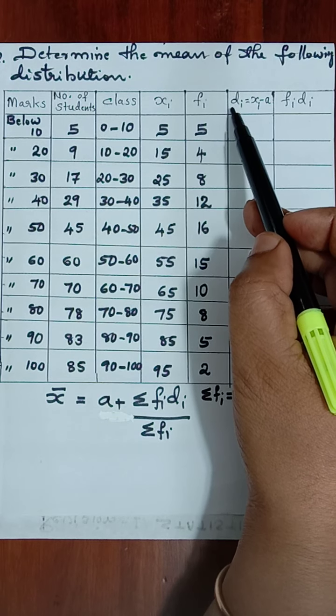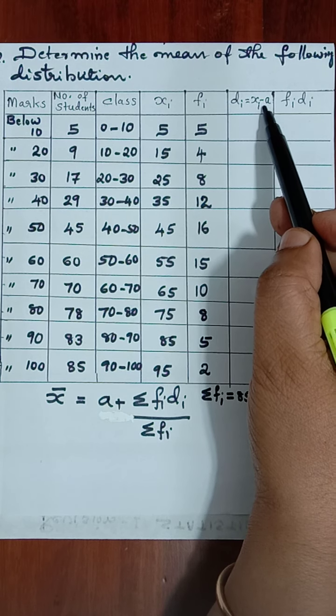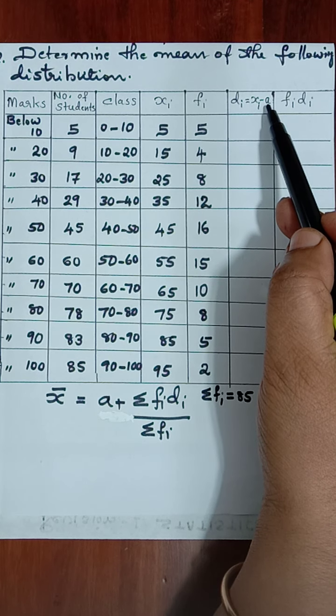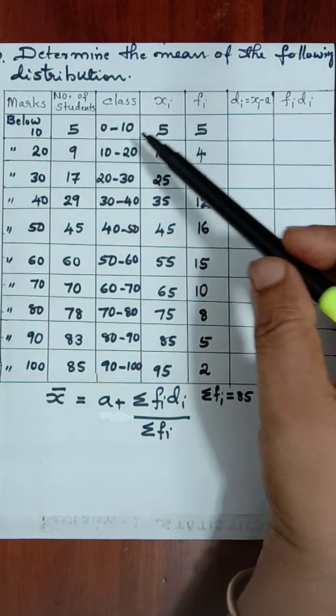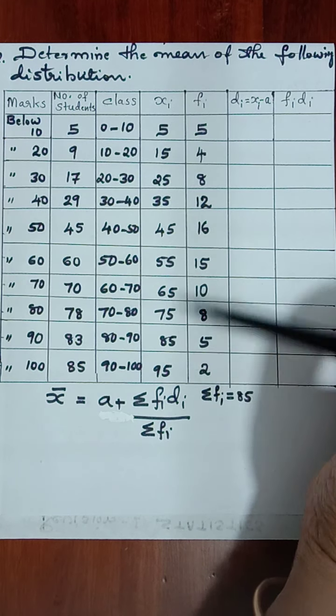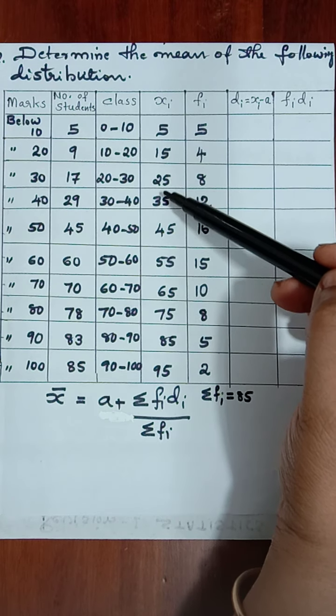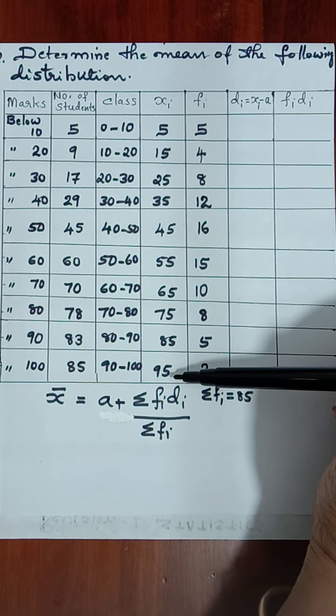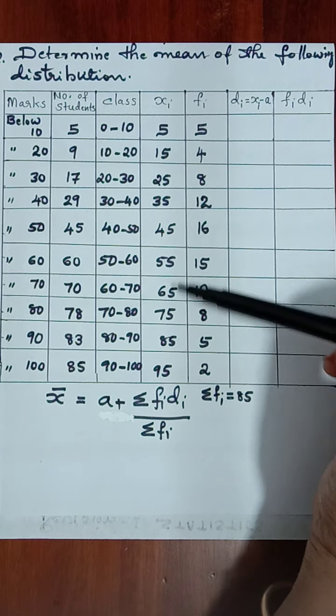Now di means xi minus a. Here a is called the assumed mean. So we are assuming a mean, and it comes from the xi column, the middle value. Here we have 1, 2, 3, 4, 5, 6, 7, 8, 9, 10 numbers. So which is the middlemost number?